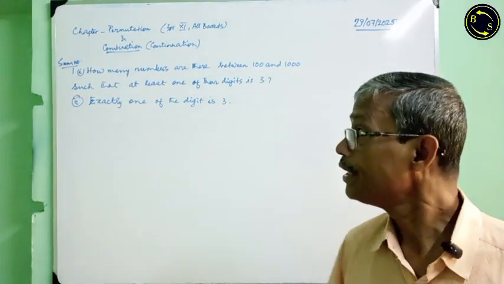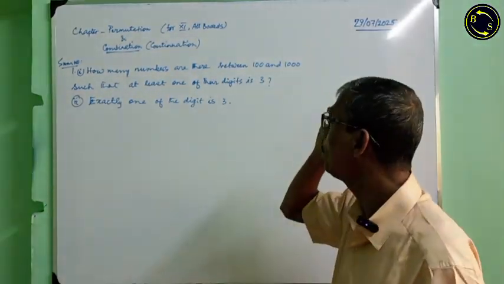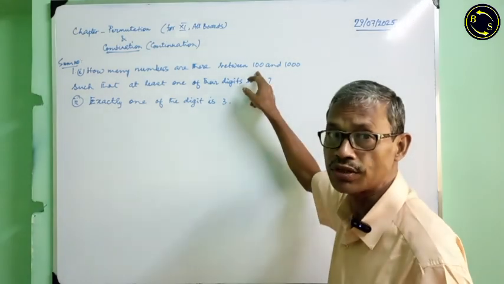From the condition, it is clear that the number will be 3 digit each.